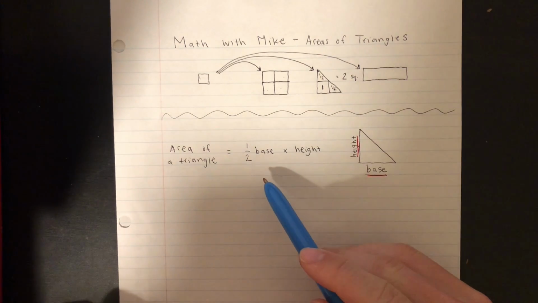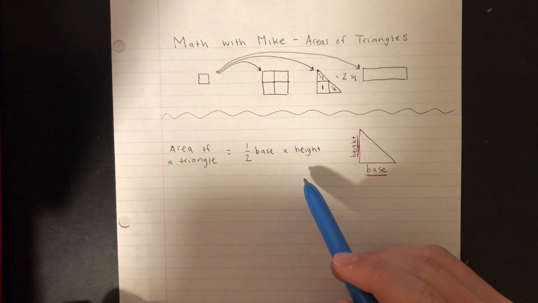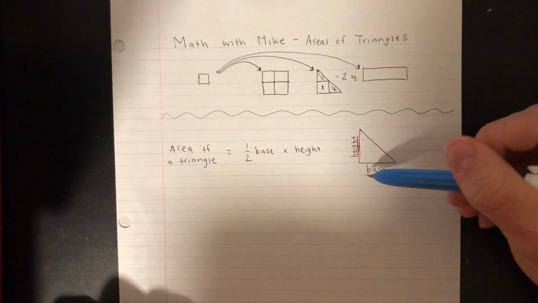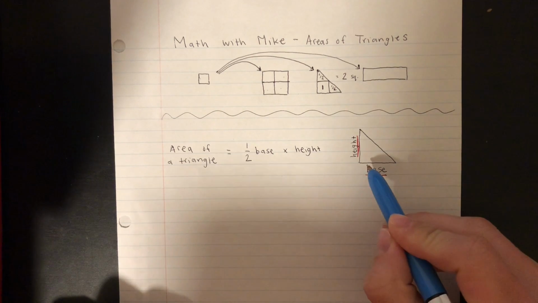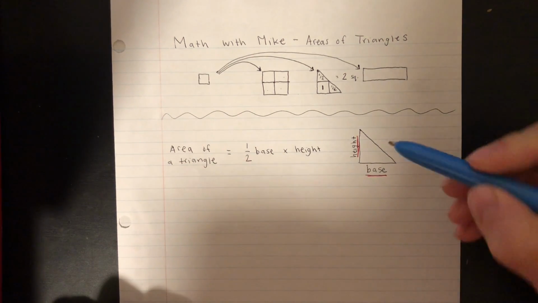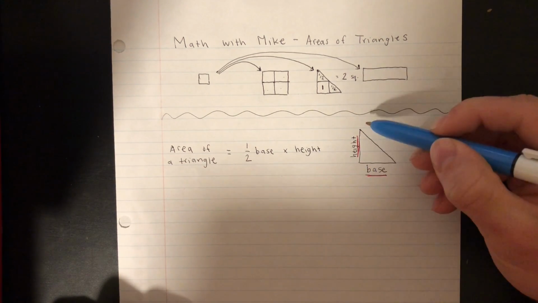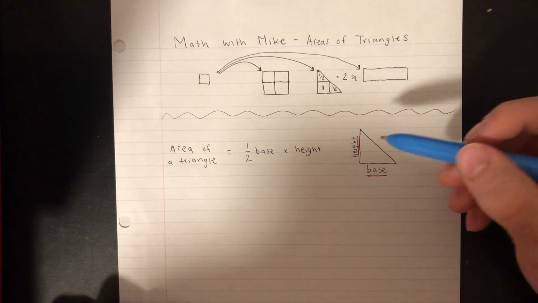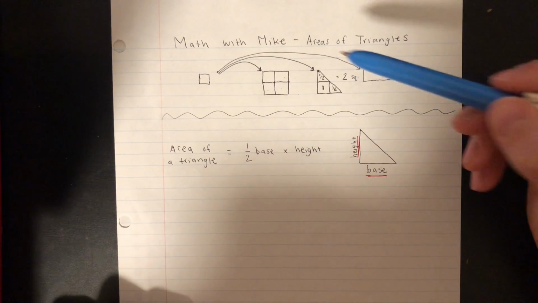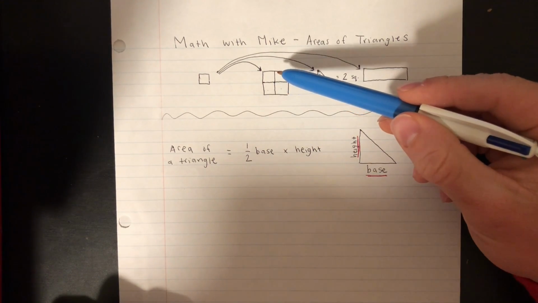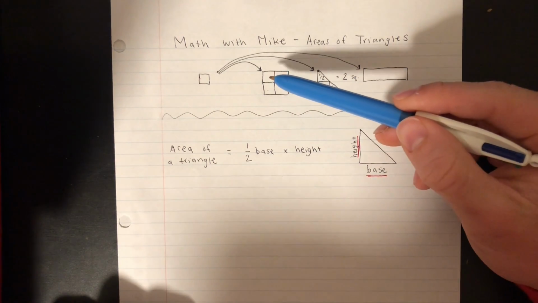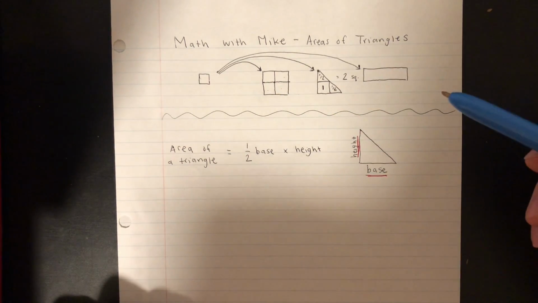With this basic formula, we are able to calculate the area of a triangle given the base and the height. The base being the bottom part, and the height being how tall the triangle is. This does away with any meticulous counting that we might come across with this original method. I just wanted to show you what the thought process is for how we're calculating area.